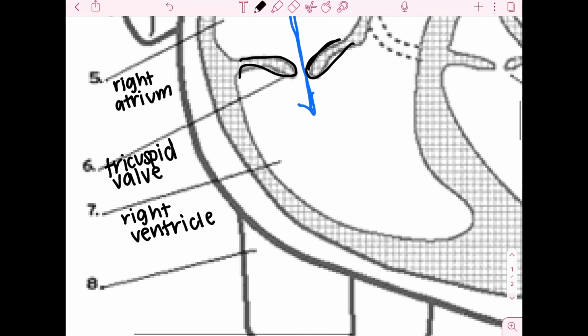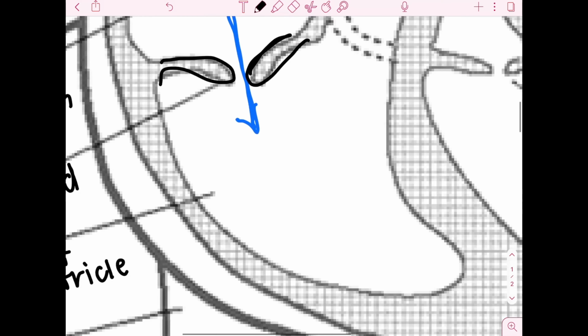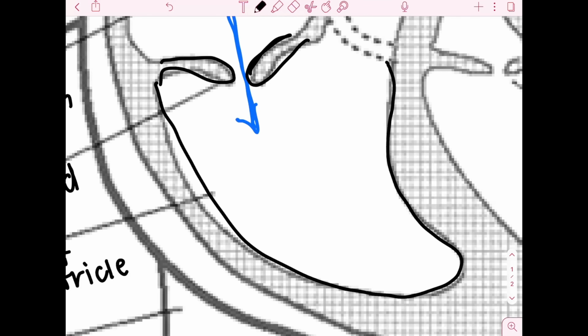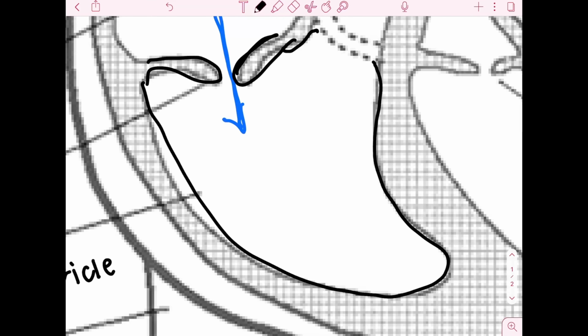The right ventricle is another chamber of the heart. This is the second to last step in delivering deoxygenated blood to the lungs. So we're looking at this chamber right here. This chamber is responsible for pumping deoxygenated blood to the arteries, which will then deliver the deoxygenated blood to the lungs in order for reoxygenation.